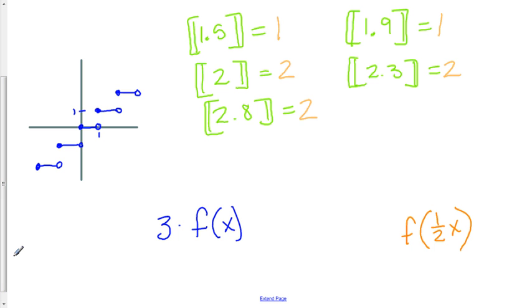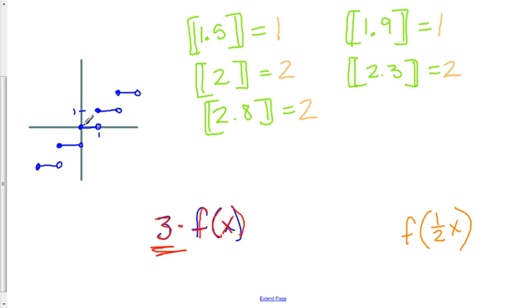And then finally, all of the shifts and things can happen to this. I mean right, left, up, and down, but we're just going to look at a couple of different stretching types. If we have 3 times the function f of x and we're dealing with this greatest integer, the 3 is going to affect all the y values, so it's going to stretch it by a factor of 3 up and down.